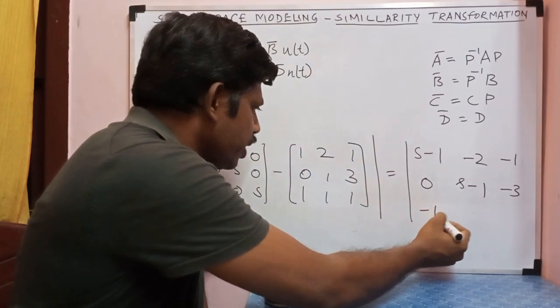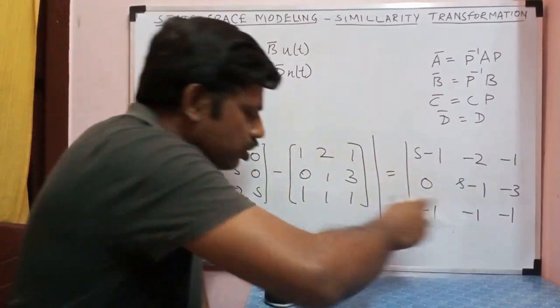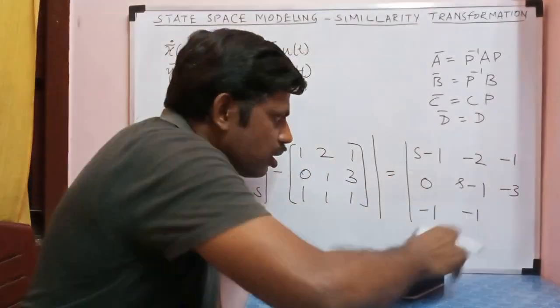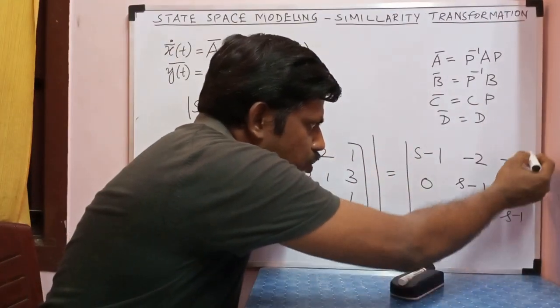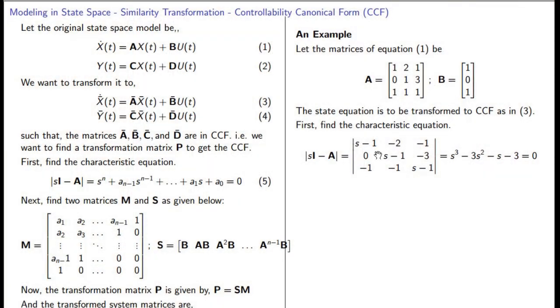And then minus 1, minus 1, and the last one is S minus 1. Now you have to take the determinant of this, and you will get the characteristic polynomial, and you can equate it to 0. That is the characteristic equation.